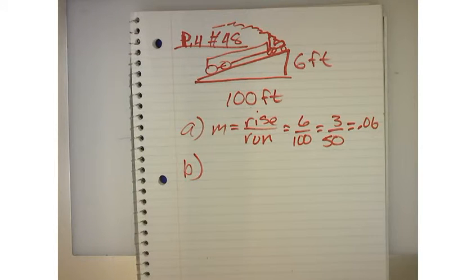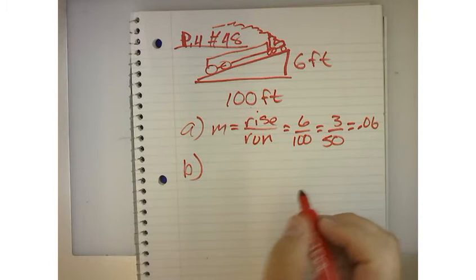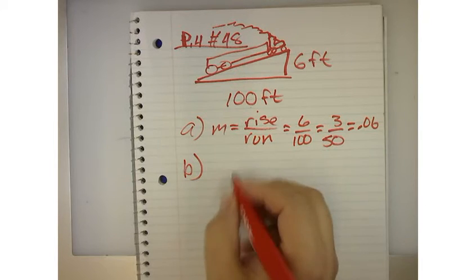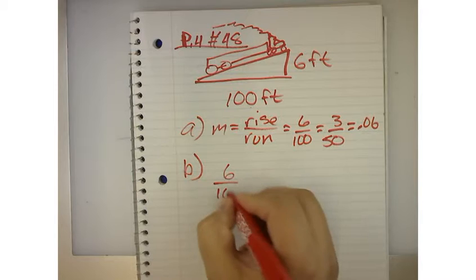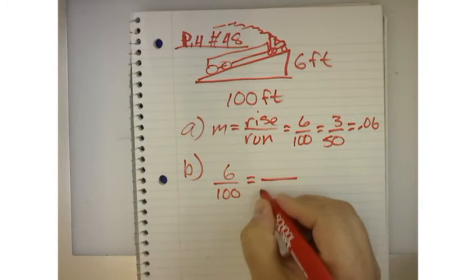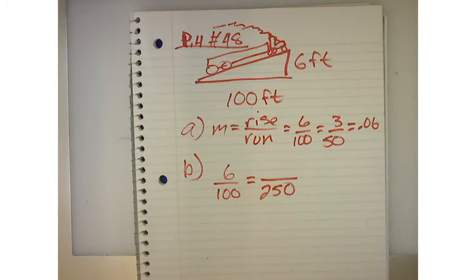on the highway with the 6% grade, what is the horizontal distance required to climb 250 feet? So what they really want to know is, if I have a proportion of 6 to 100, what do I got to do to get to 250 feet?